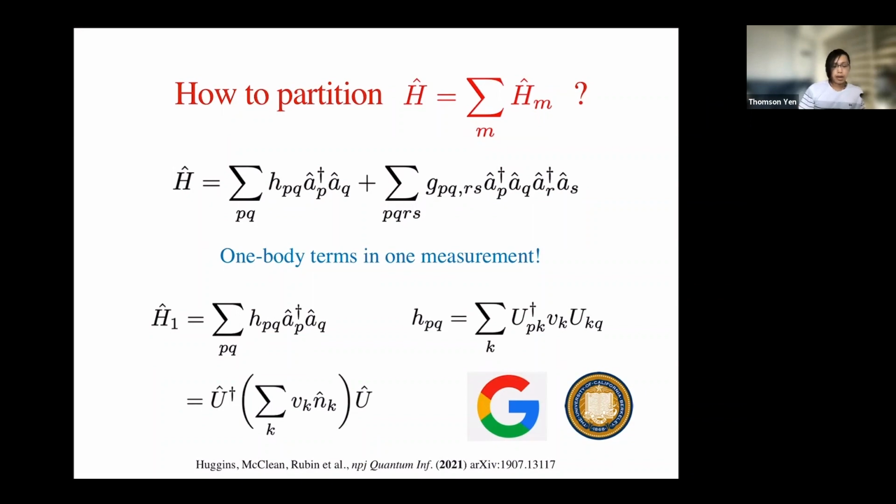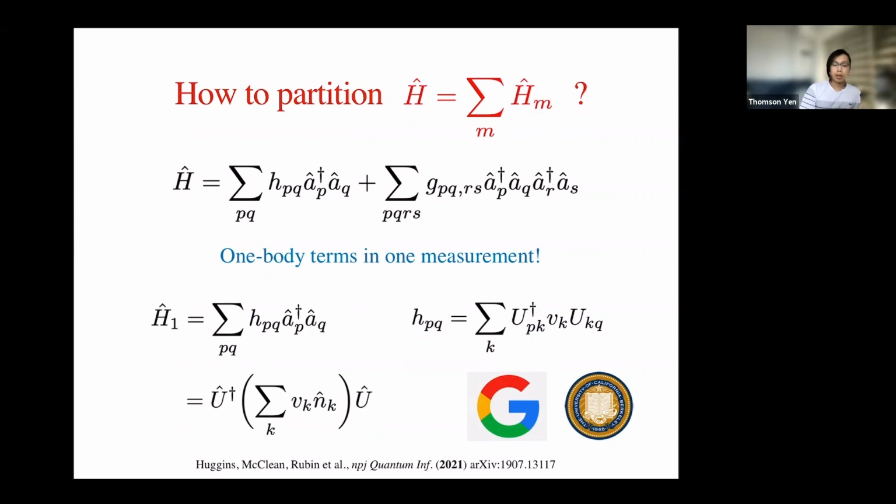And the way you can see this is you take the h_PQ as a matrix, where P and Q go from 1 to n. And this is a matrix that happens to be Hermitian. And this comes from the fact that there's a physical system behind this fermionic Hamiltonian. And given a Hermitian matrix h_PQ, you can actually diagonalize it. So you can find a decomposition in this form.